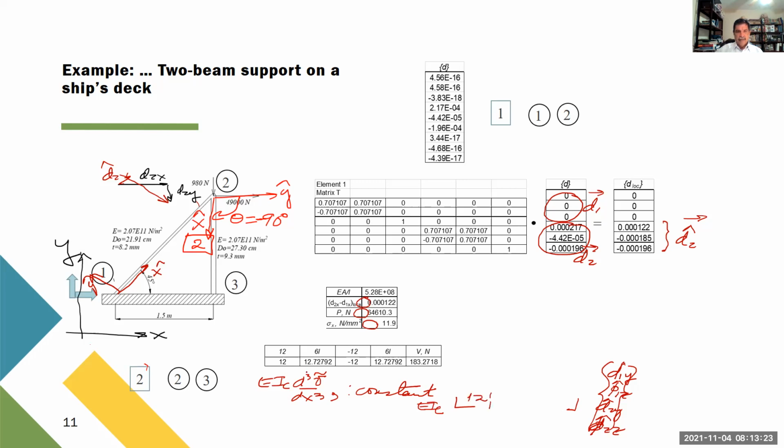Then the next element is 6L, minus 12 and 6L. Okay. So we have D1Y, phi1Z, D2Y, phi2Z. So we make this multiplication, and this is the value that we obtain, 183 newtons.